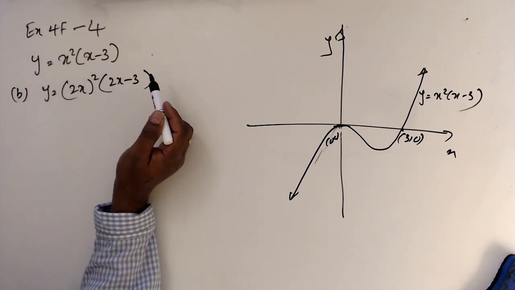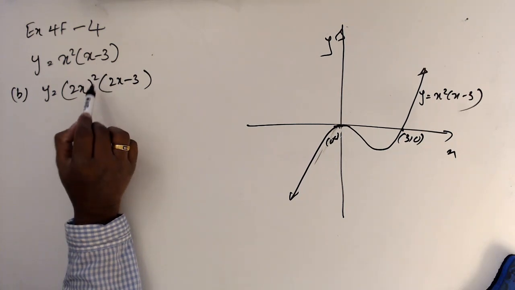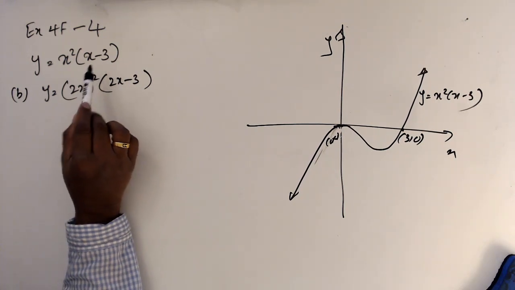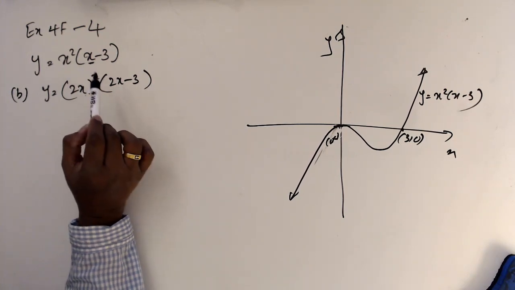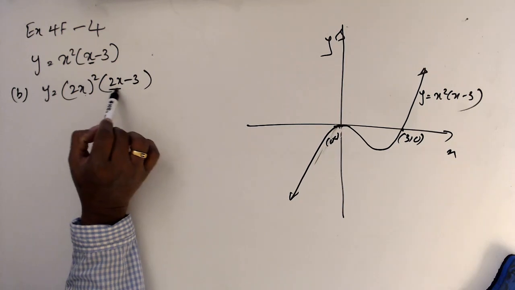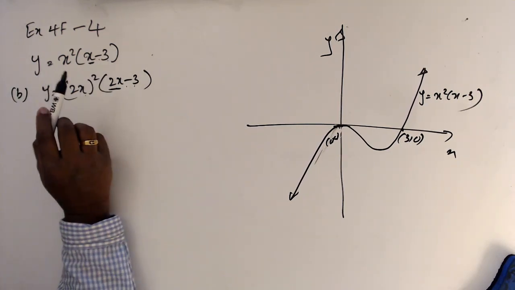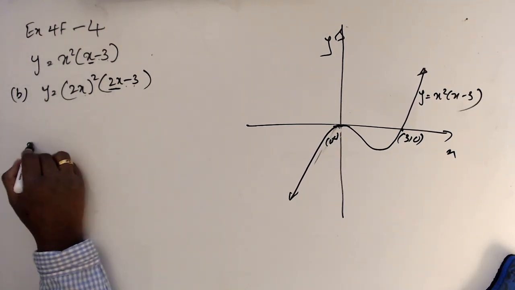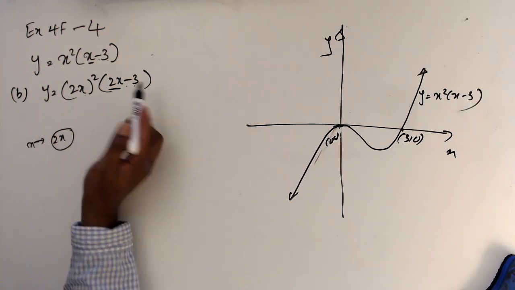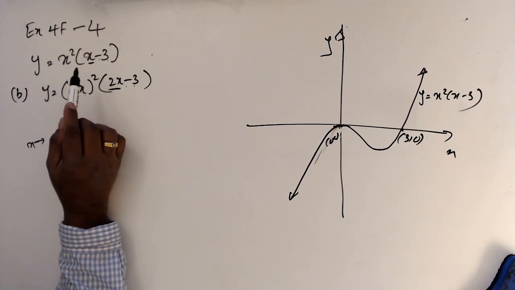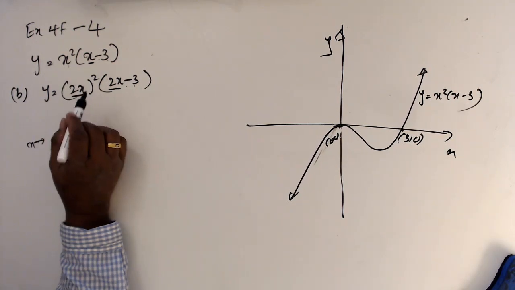I can see that I'm comparing those two curves. Instead of x, I can see 2x. Minus 3 as it is. Then instead of x, it is going to be replaced with 2x. I'll check this side as well. Yes, instead of x, now it is 2x.